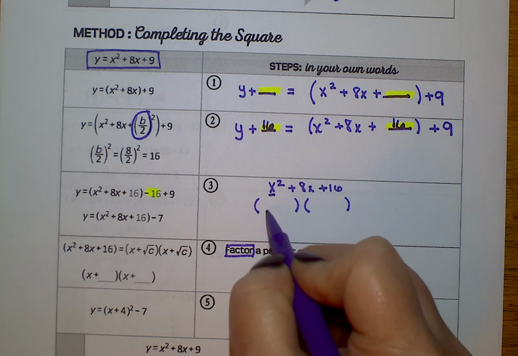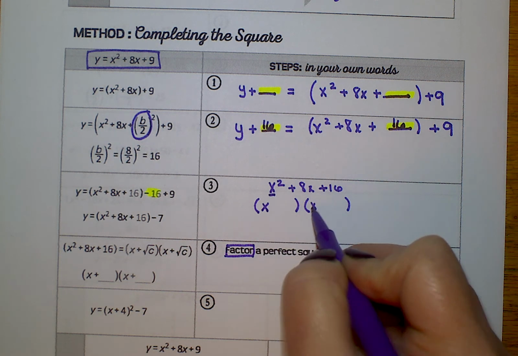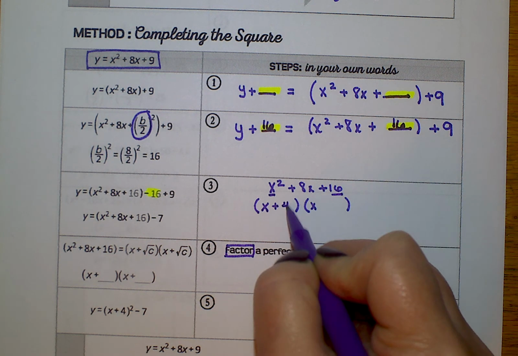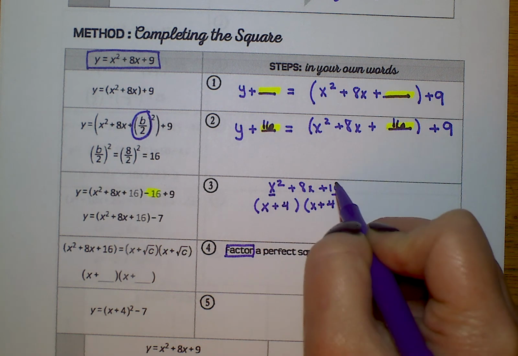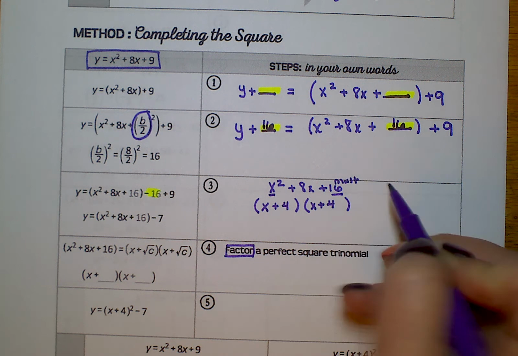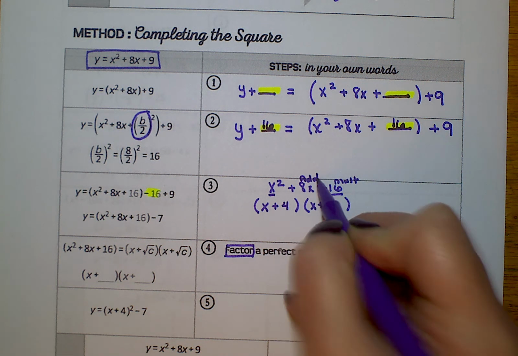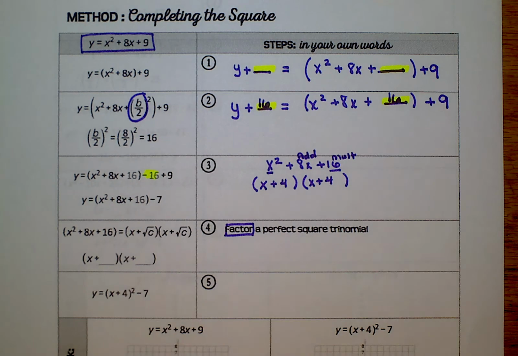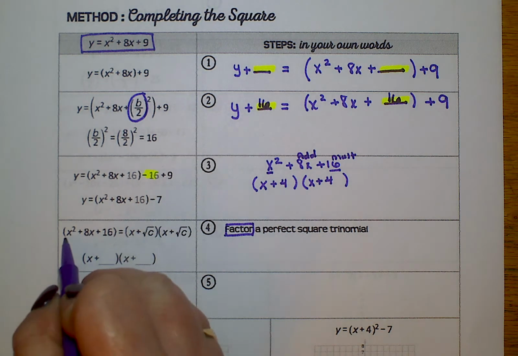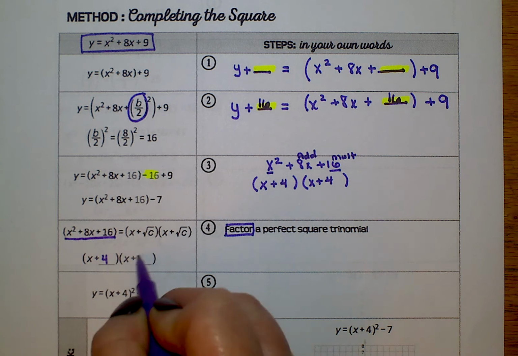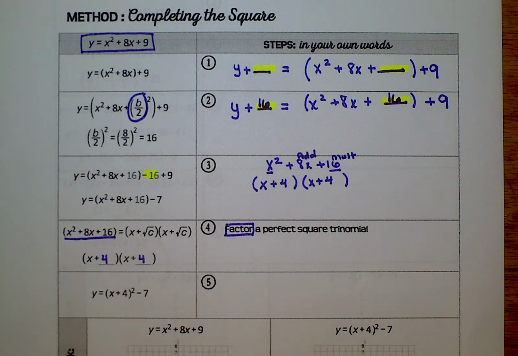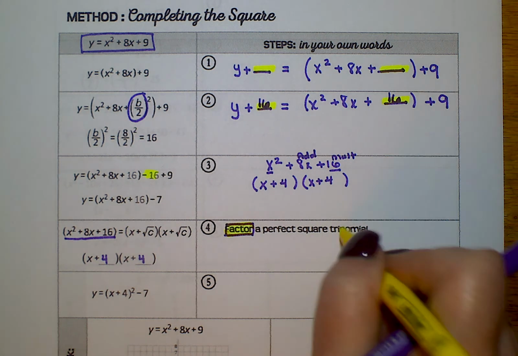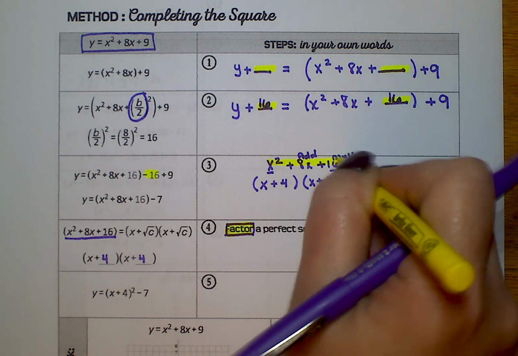What you multiply to get x squared is x times x. To multiply to get 16 and add to get 8, so it has to multiply to be 16 and add to be 8, would be 4 and 4. So this part right here is going to factor to 4 and 4.